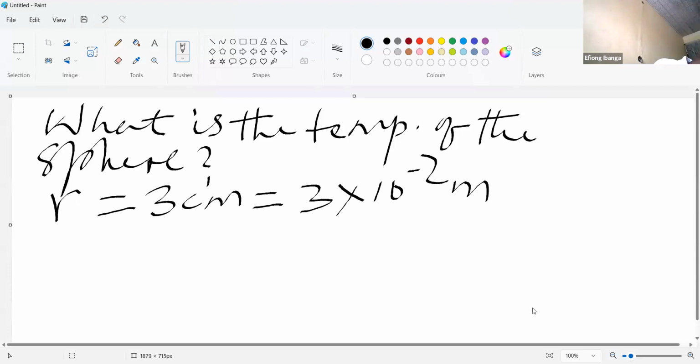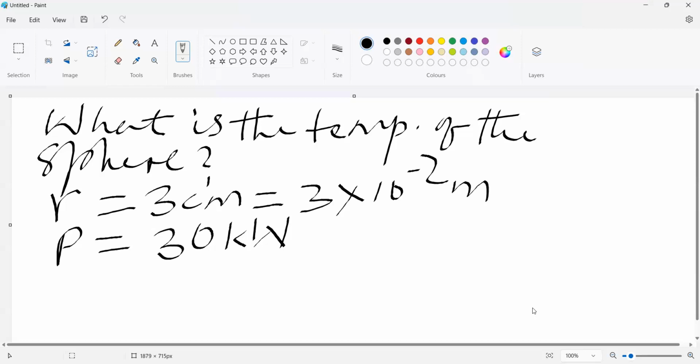Then we are told that it radiates power P is equal to 30 kilowatts. The temperature.